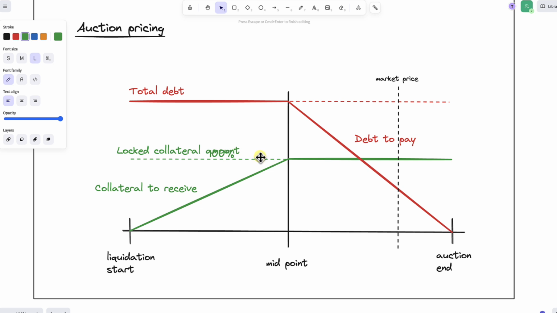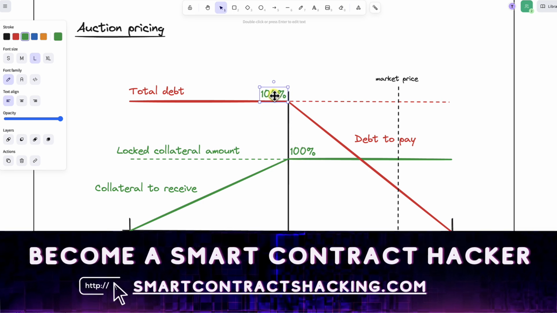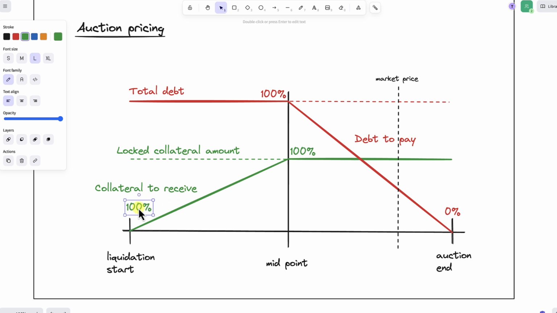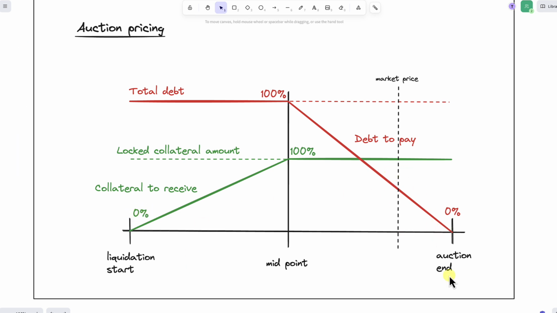After the midpoint, the bidder receives 100% of the collateral, and the amount of debt he has to pay decreases over time, so that at the end of the auction he'll be able to get 100% of the collateral for almost no debt. Yeah, so this is how the price of collateral is determined.